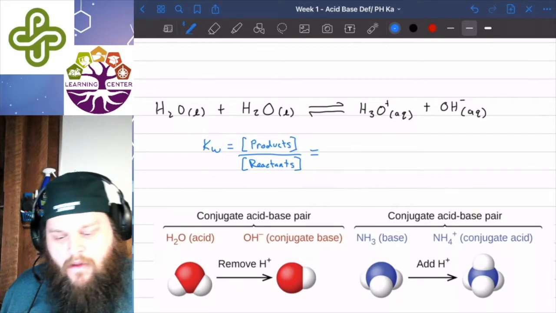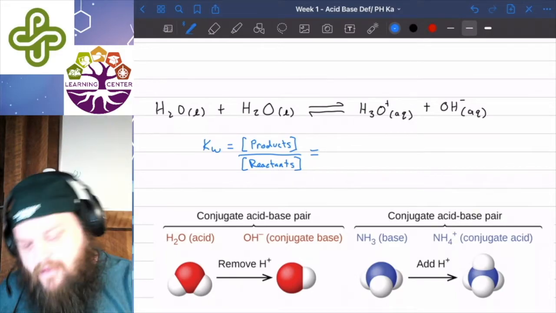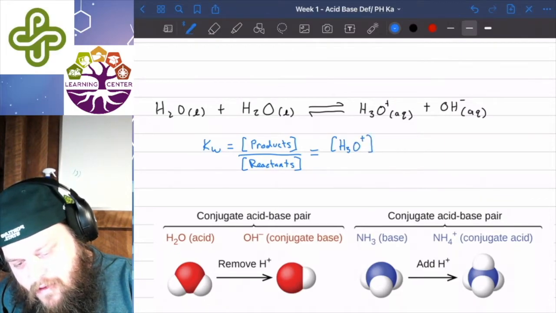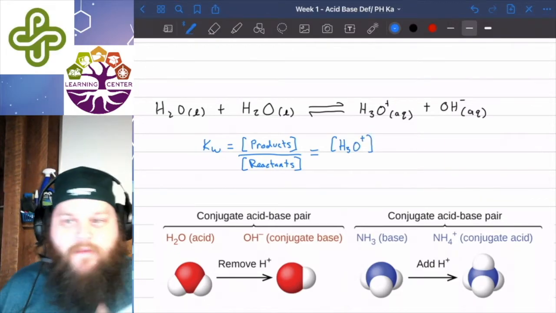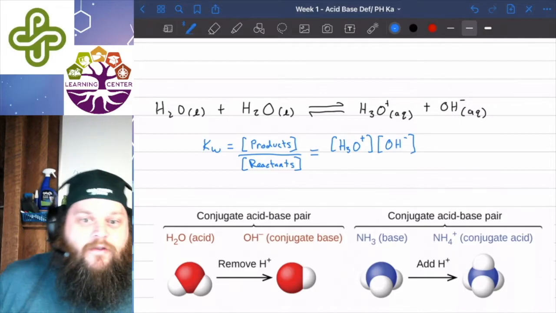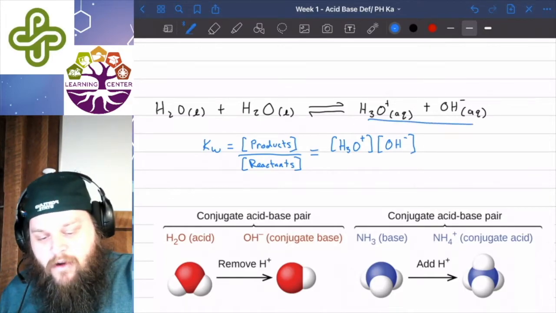H3O plus? Yeah, that's good. That's one of the products. That's hydronium. And OH minus. Perfect. Those are the two products for this reaction.